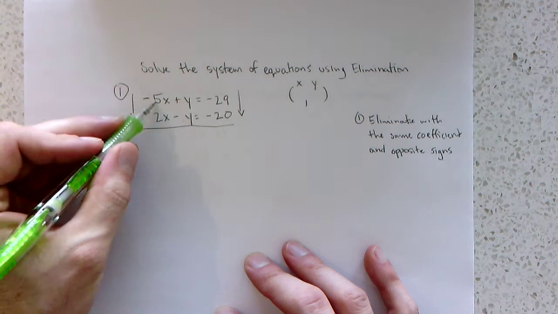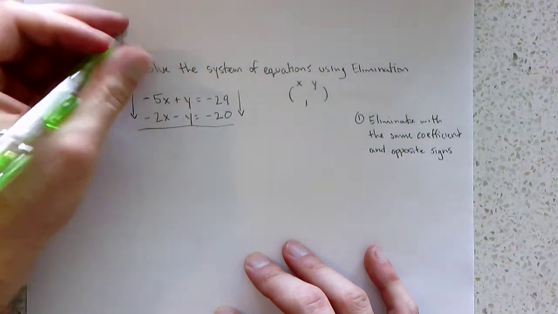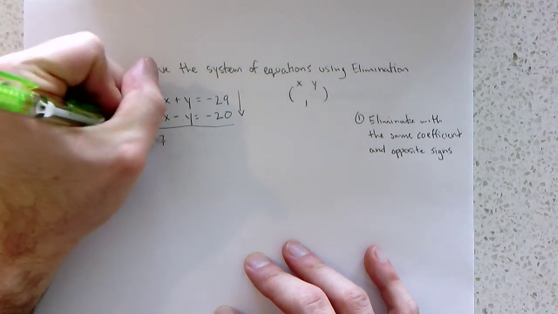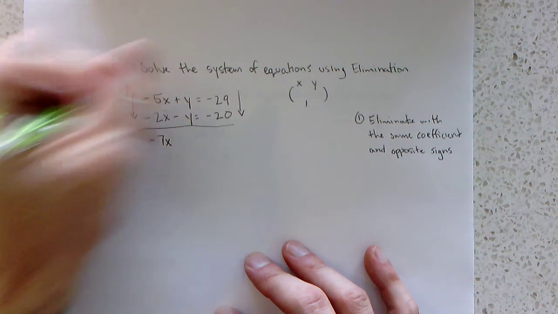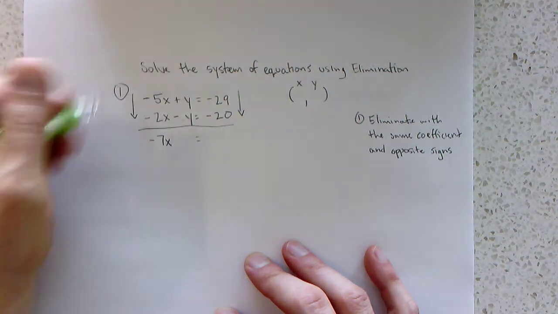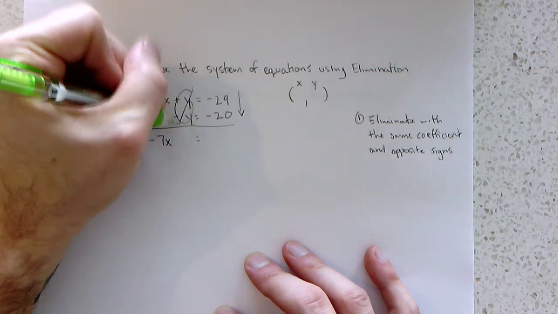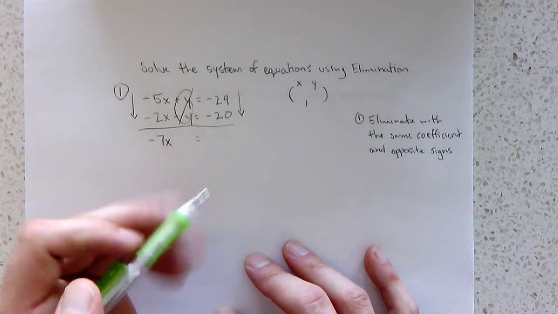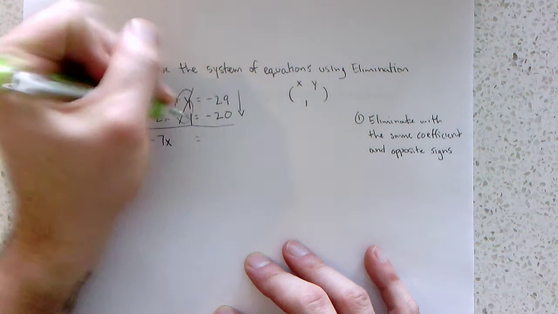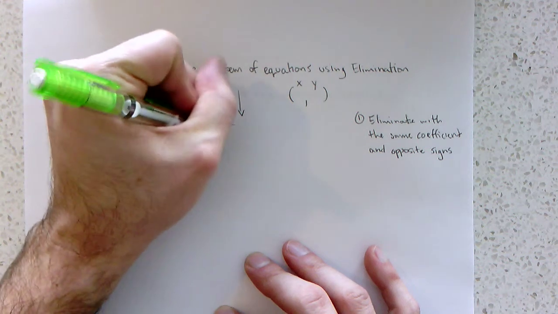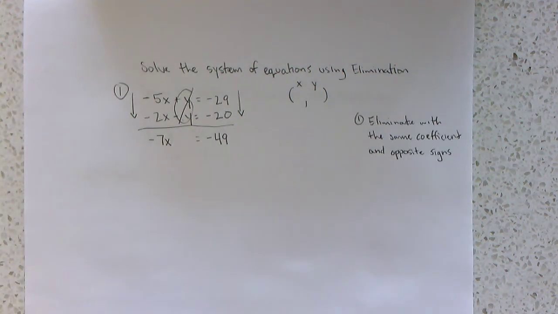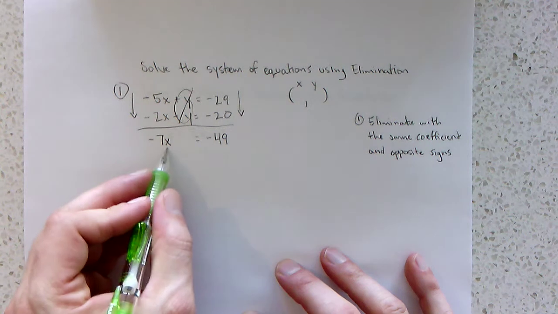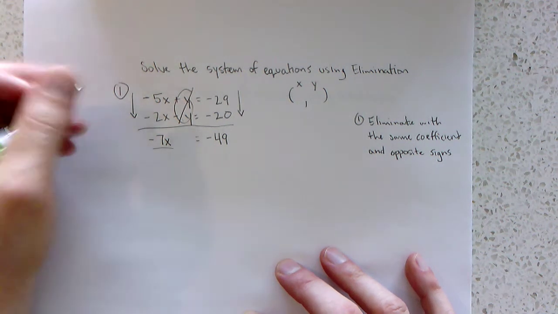And so I have negative 5x and a negative 2x. So that's going to give me a negative 7x equals, because these ones are going to go away, and then negative 29 plus a negative 20, which is going to give me a negative 49. So from here I'm just left with a simple one-step equation.